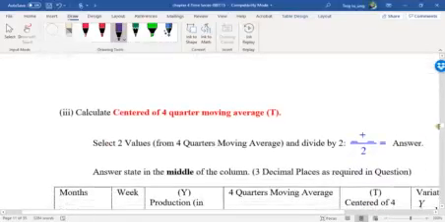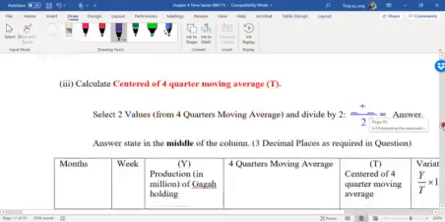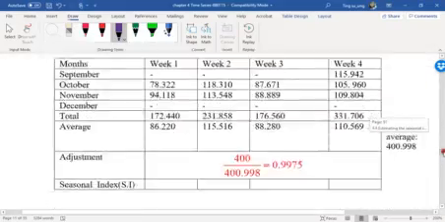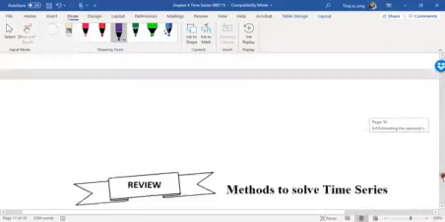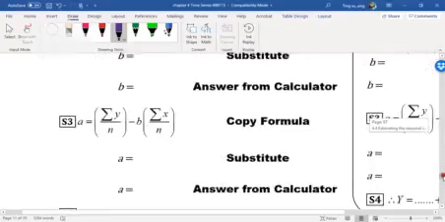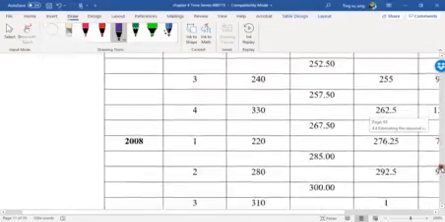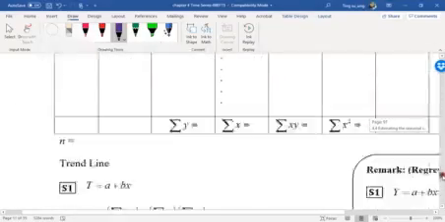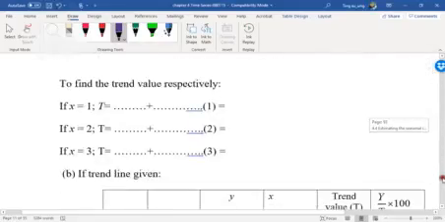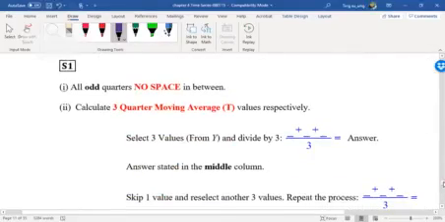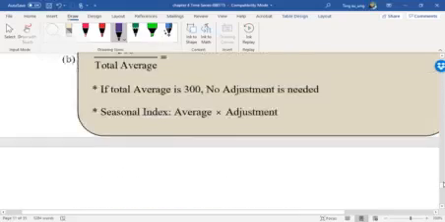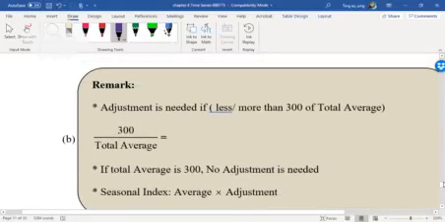I actually put the summary towards the end. This one. The trend line you no need to mention already because you are not involving any trend line here, right? You just strictly go to this one. So you can see here I purposely put a remark here.